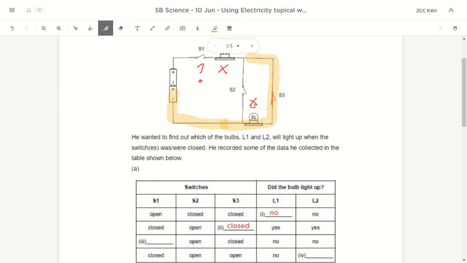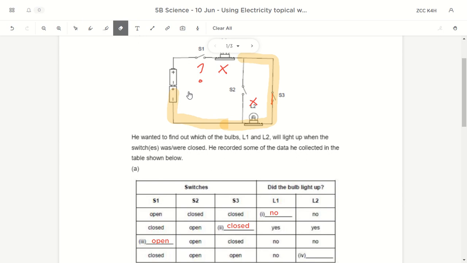But I realize that if S1 is closed, that means it will be a closed circuit, and then both will light up. But the fact that both did not light up means this must be an open circuit. So once again, the fact that this is open and this is open, which is already given, there will be an open circuit. That's why L1 and L2 did not light up. If it's closed, L1 and L2 can light up.